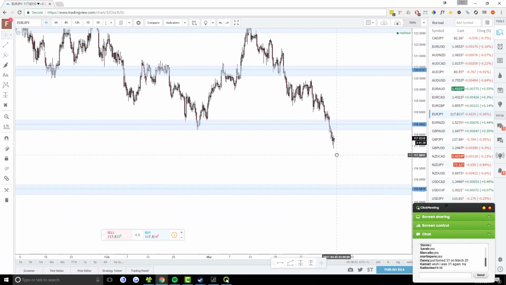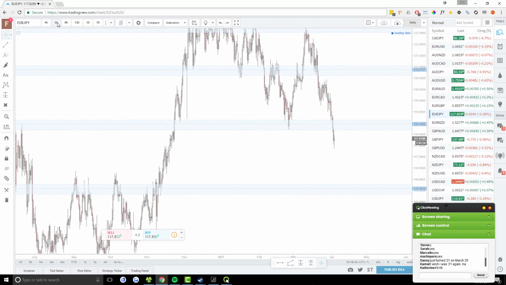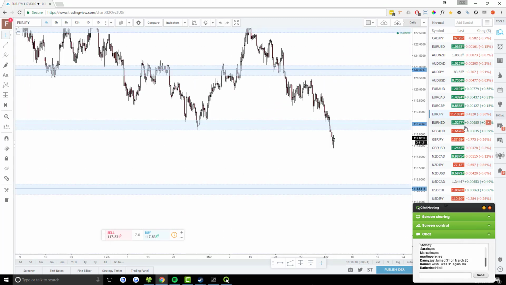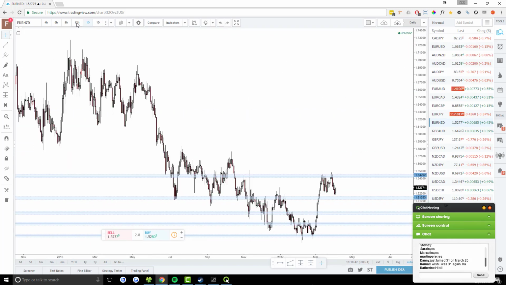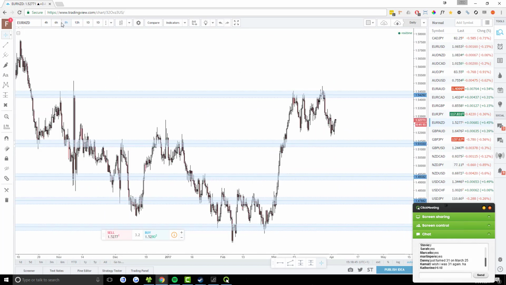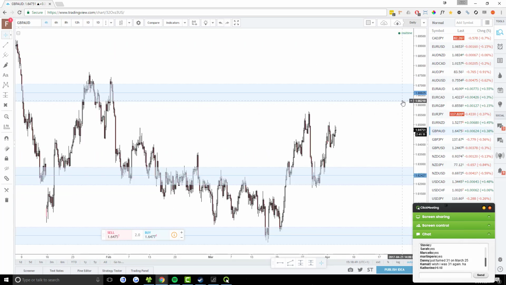Euro JPY, broken below support, headed down. Euro New Zealand. Yeah, I don't know. Not that exciting at all.